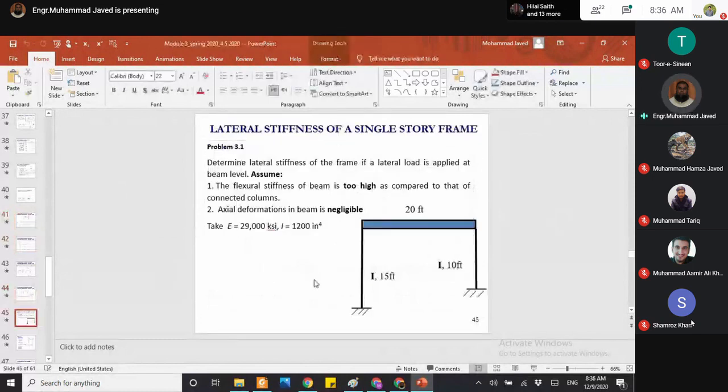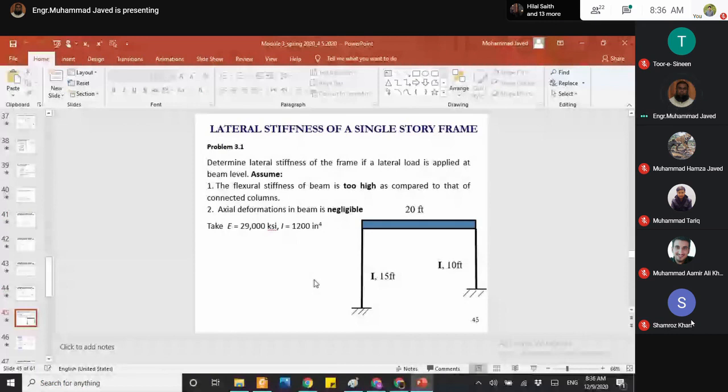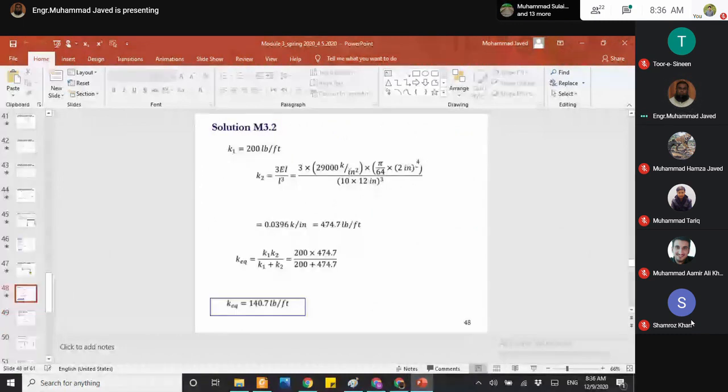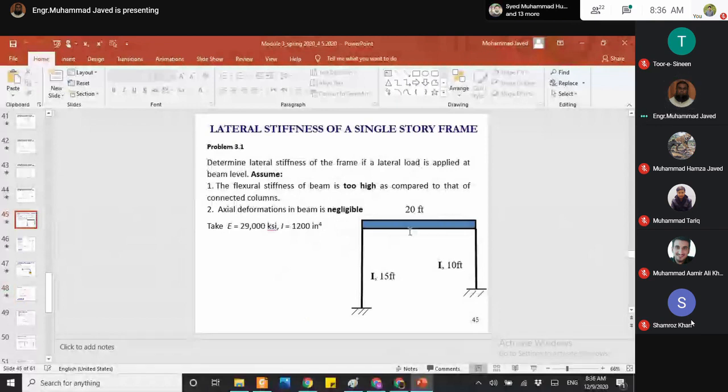So based on the discussion in past few slides, let me determine the stiffness of this frame. In this problem, we are required to determine lateral stiffness of the frame. If a lateral load is applied at the beam level, assume that flexural stiffness of beam is too high as compared to that of a connected column.